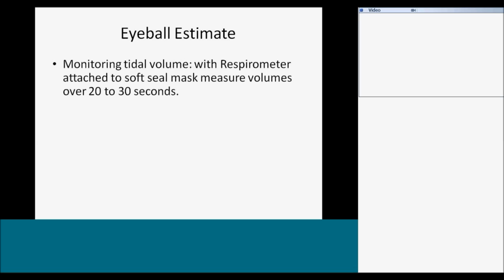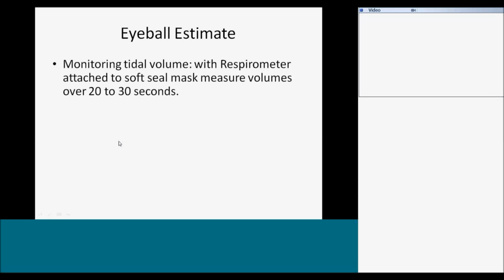Okay, so we're using a respirometer attached to a soft seal mask to measure volumes. I'm not looking for exact specifics. We just want to make sure that our tidal volume is falling within a good range. So watch breath to breath. I usually reset every breath and just kind of eyeball the range of exhale volumes that I'm getting over 20 or 30 seconds.